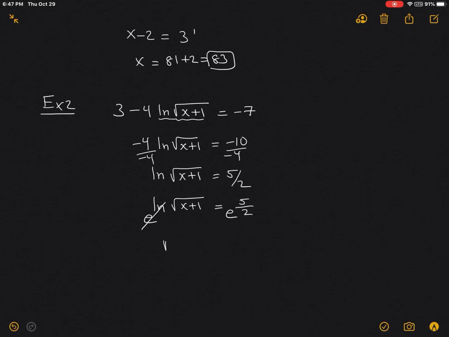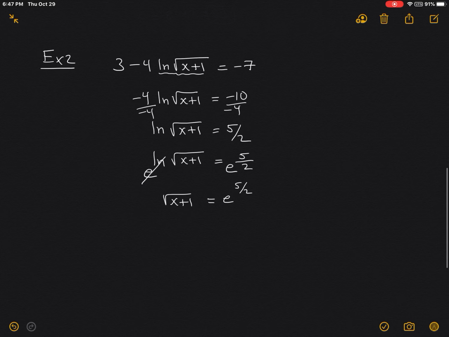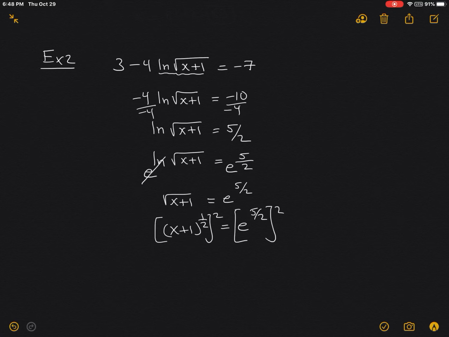And so when you exponentiate by base e, this cancels out to the square root of x plus 1 is equal to e to the 5 over 2. And now you have a square root equation. x plus 1 square root is the same thing as x plus 1 to the 1/2. And again, this is good practice for solving equations with rational exponents. To get x by itself, I need to exponentiate both sides by base 2 now.